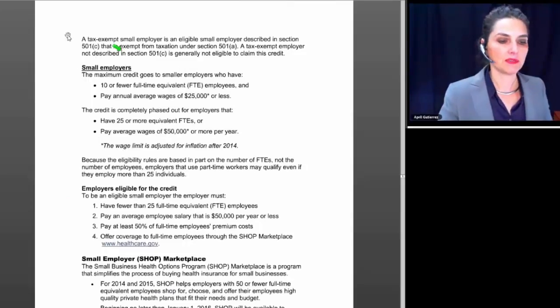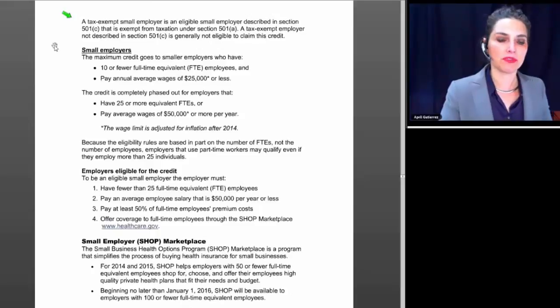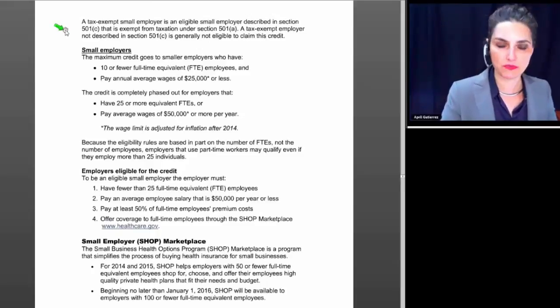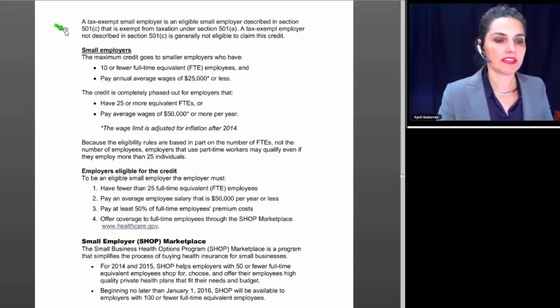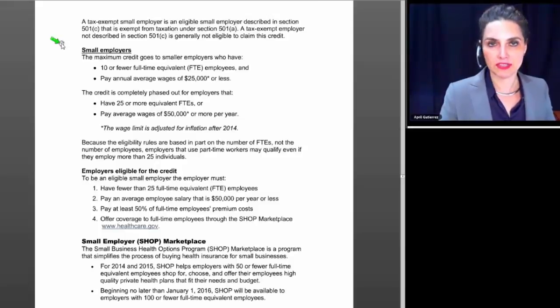A tax-exempt employer is an eligible small employer described in Section 501(c)(3) that is exempt from taxation under Section 501(a). And if you have a tax-exempt employer that is not described in Section 501(c), it is probably not eligible to claim the credit.